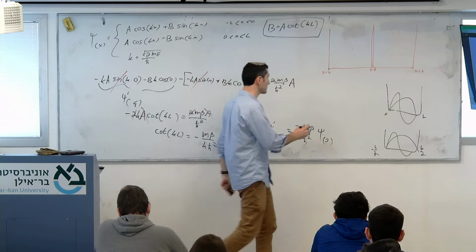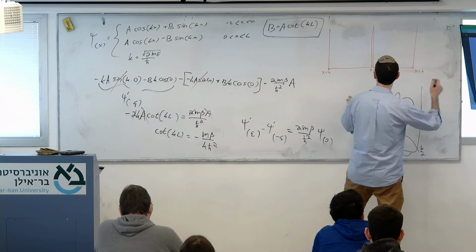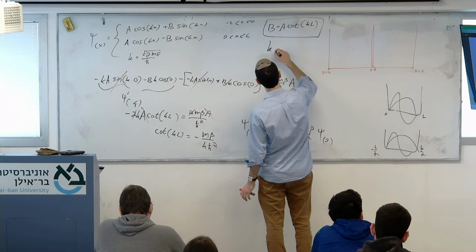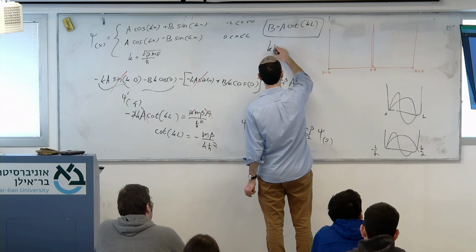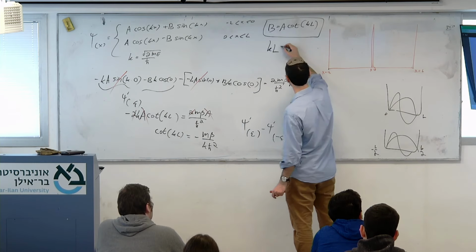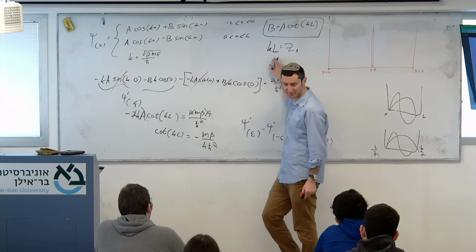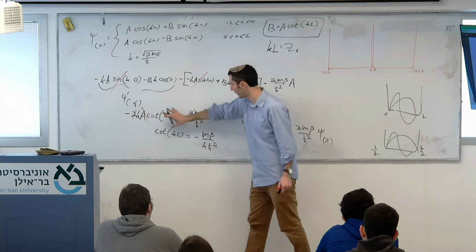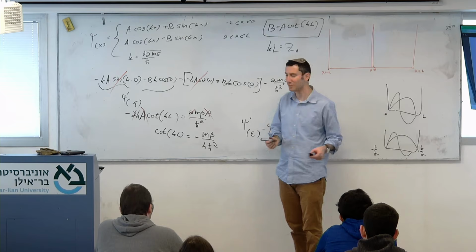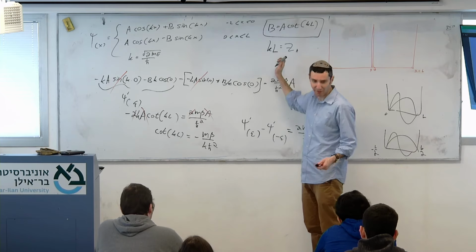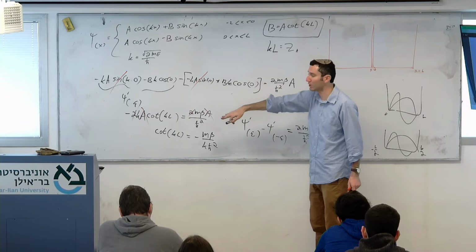Let's write those solutions as kL would be Zn. This is a dimensionless thing, right? In general, when I have something inside a cotangent, I expect it to be dimensionless. Also here, I know that kL is dimensionless, so Zn are my numerical answers of this.